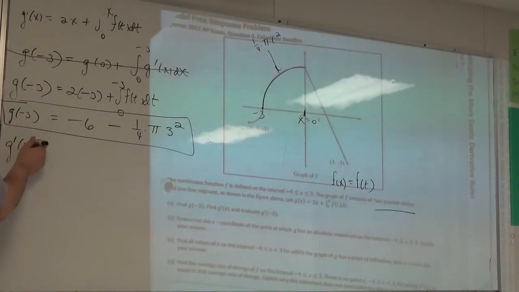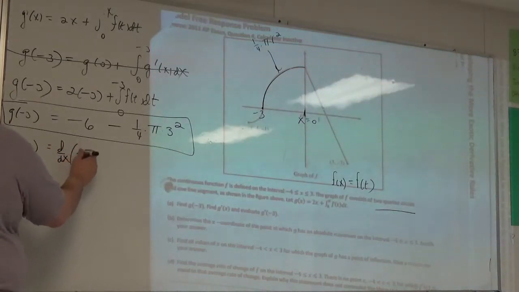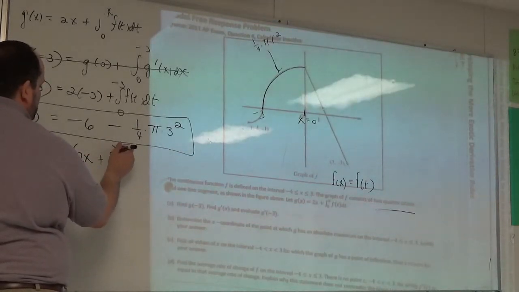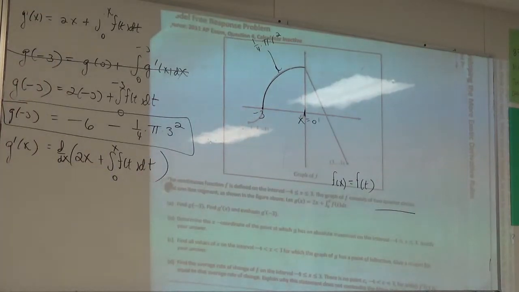G prime of x. They are being so kind. They're saying, hey, go find g prime of x first. So we're going to take a derivative. We're going to find the derivative of 2x plus the integral from 0 to x of f of t dt. I hope everybody's seeing second fundamental theorem of calculus here.